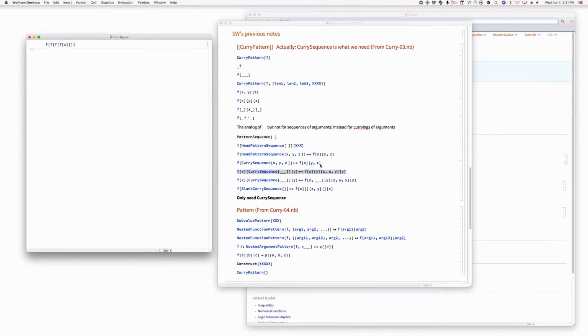So in other words, curry sequence is a matcher that doesn't care about the bracketing. It only cares about the sequence. Right. But how does it even know what the bracketing is? Well, we would have to implement this. It's not easy to implement, but currently curry is able to ignore the structure of brackets. It just counts arguments.